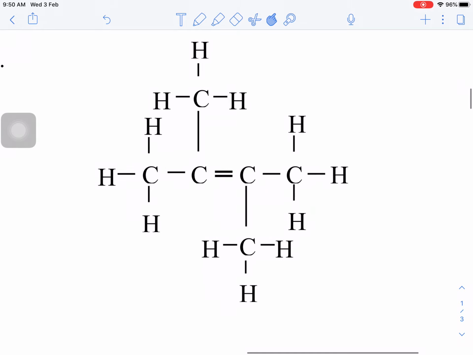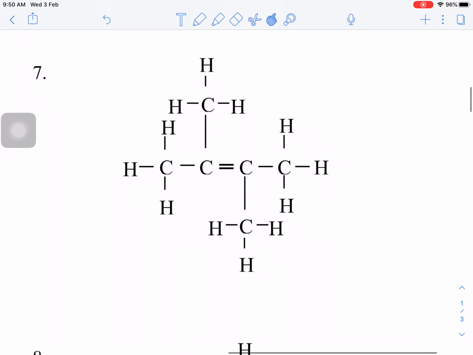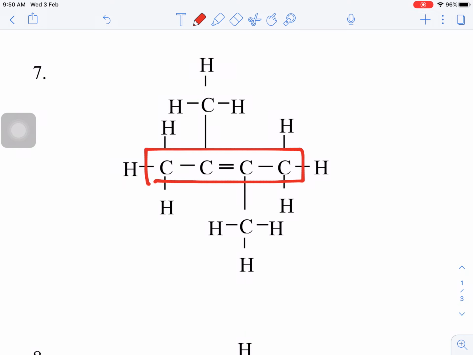Okay, now look at here. The longest chain, 1, 2, 3, 4. We have 2 branches. Start numbering. Either here or here still gives the same name. So this one is number 1, number 2, number 3, number 4.